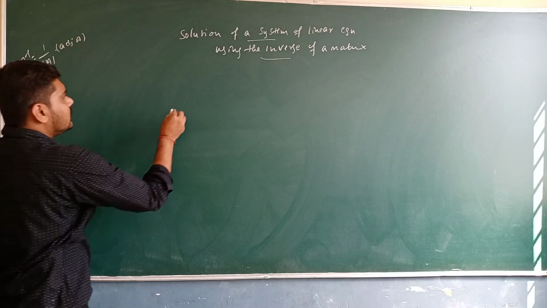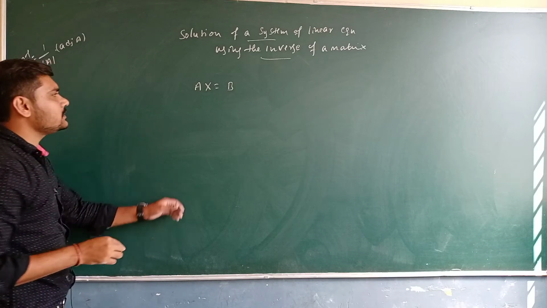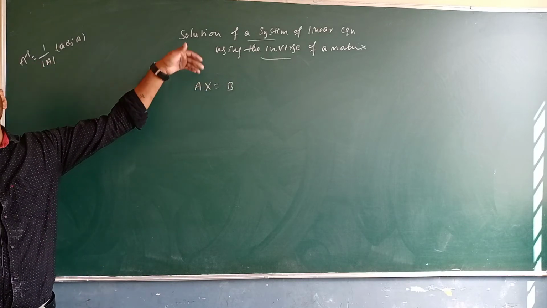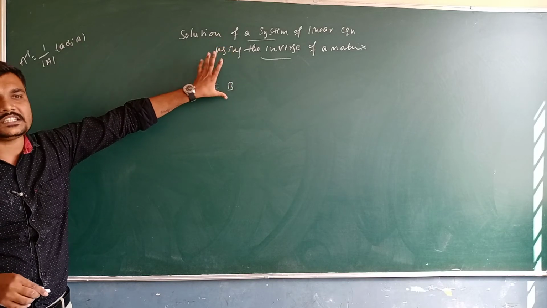Suppose we have AX is equal to B, where A is a matrix, X is the matrix of unknowns of the linear equations, and B is the matrix of constants.